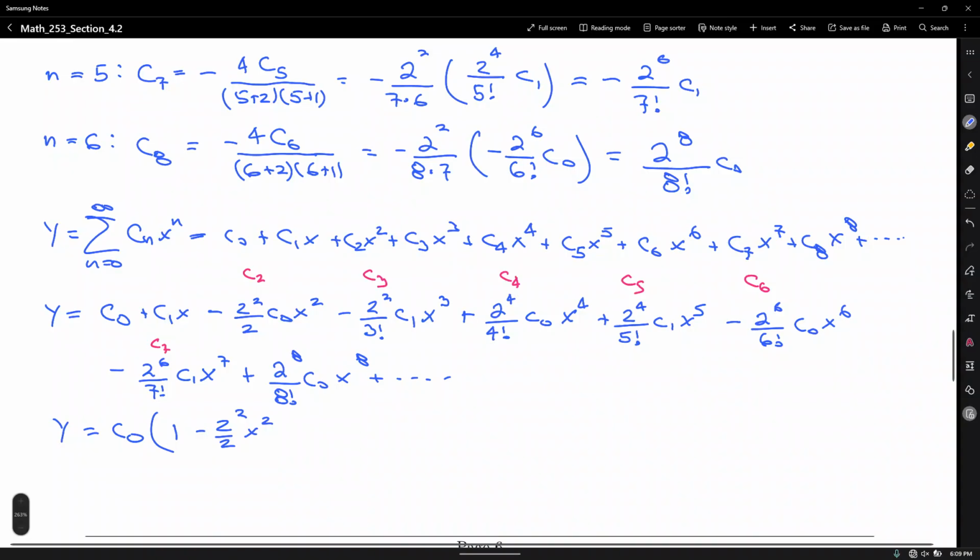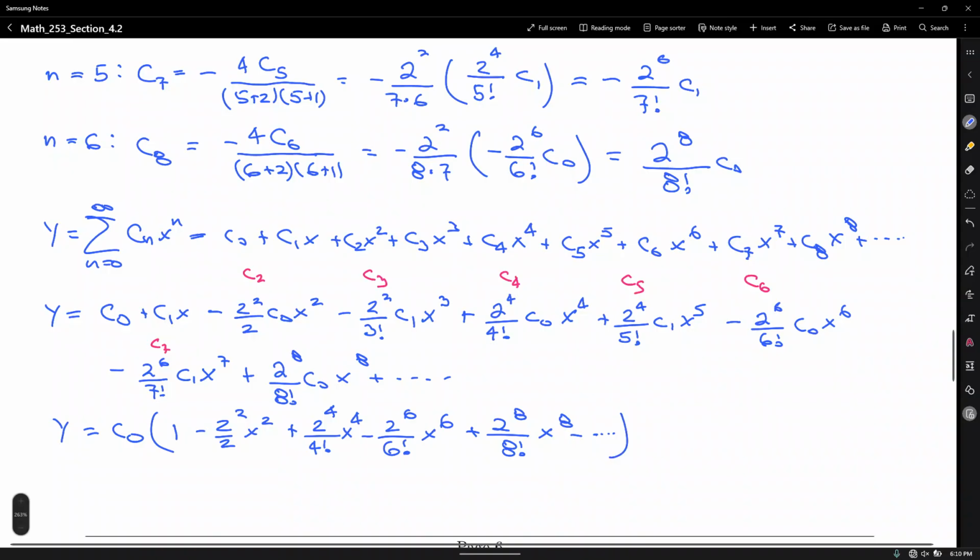And then the next c sub 0: plus 2 to the fourth over 4 factorial x to the 4, and then minus 2 to the 6 over 6 factorial x to the 6, and another c sub 0, plus 2 to the 8 over 8 factorial x to the 8, and then minus dot dot dot, right? So that's the first group, factoring out the c sub 0.